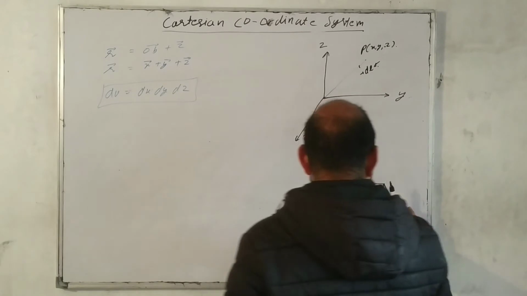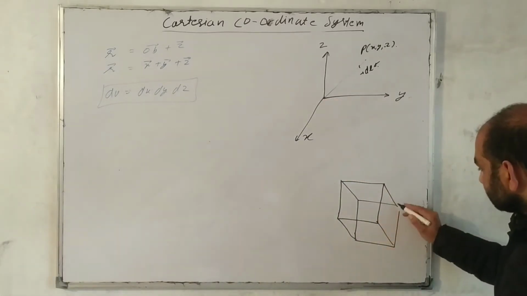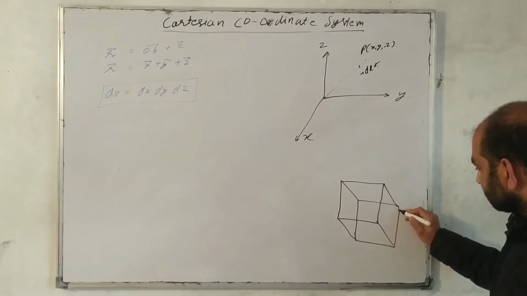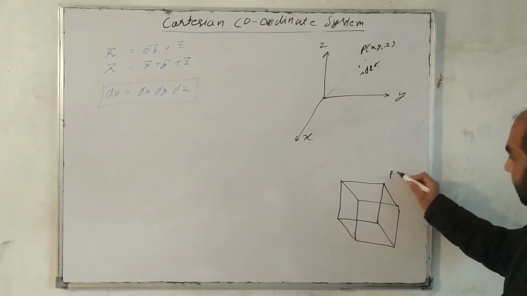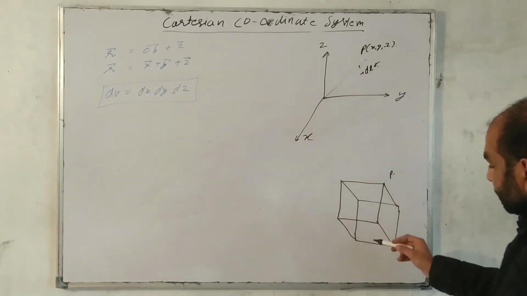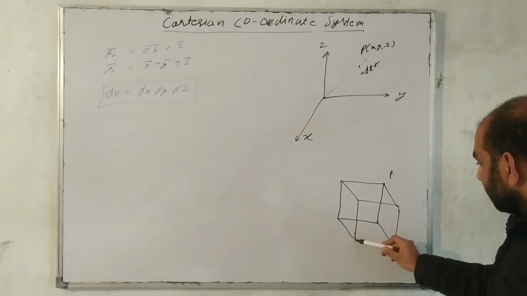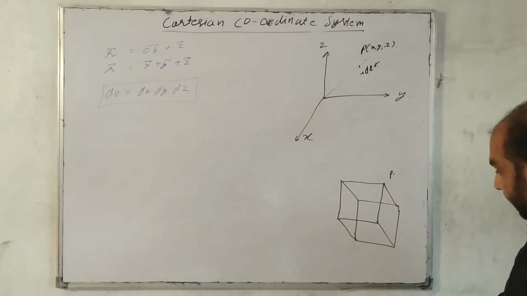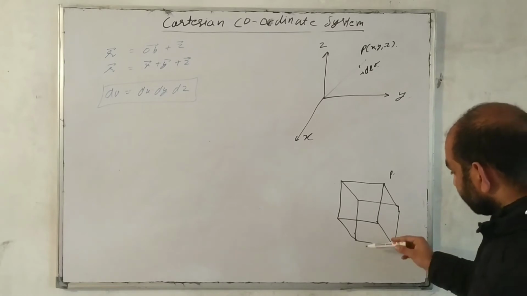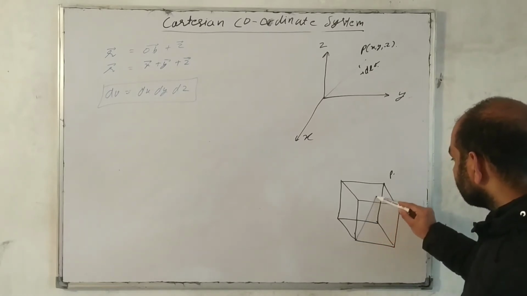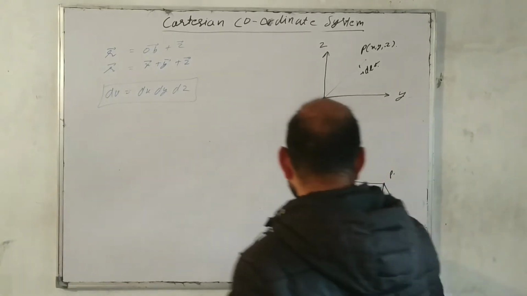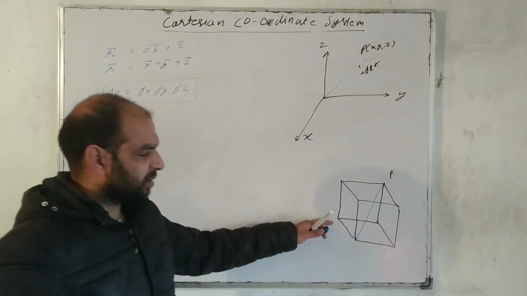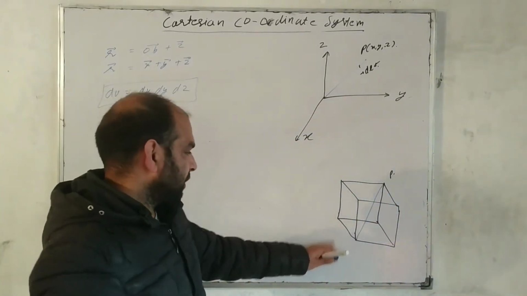Point P is here, and this line is crossing from this point to P. So this particular line is the body diagonal of this small cube.